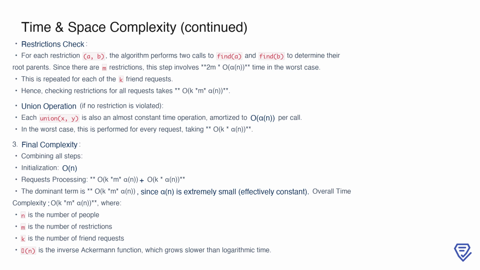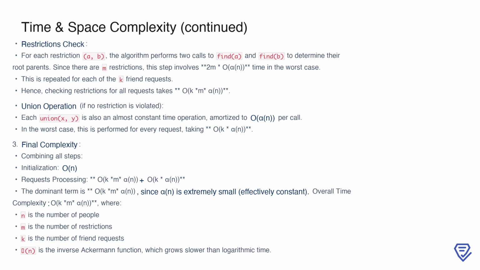If no restrictions are violated, the algorithm proceeds to perform the union operation for the nodes u and v. The union operation, like find, is also an almost constant time operation, with an amortized complexity of O(alpha(n)). In the worst case, a union operation is performed for each of the k requests, contributing O(k * alpha(n)) to the total complexity.